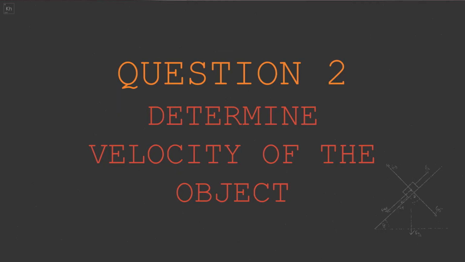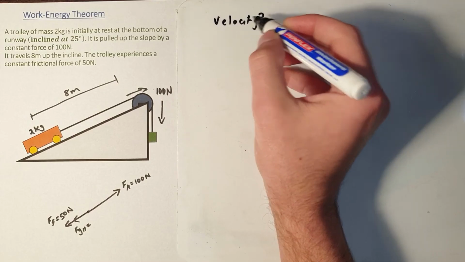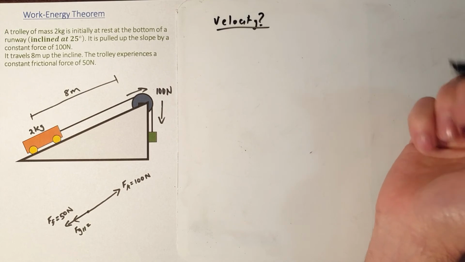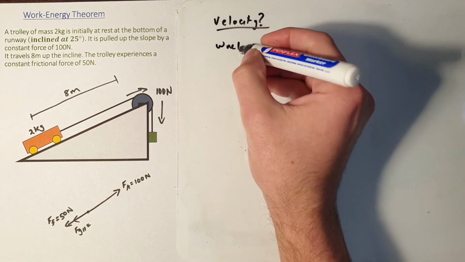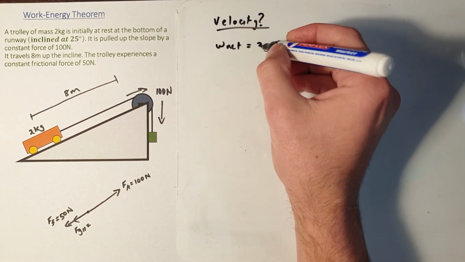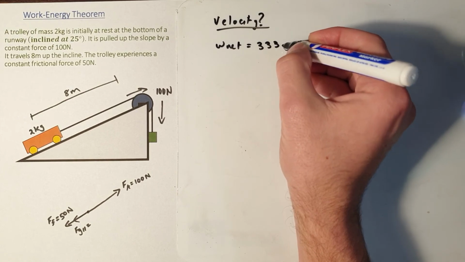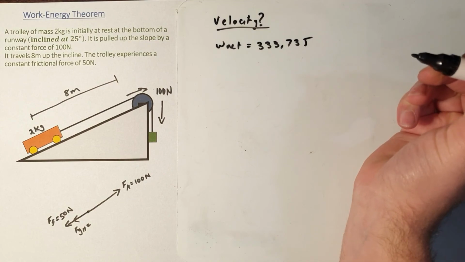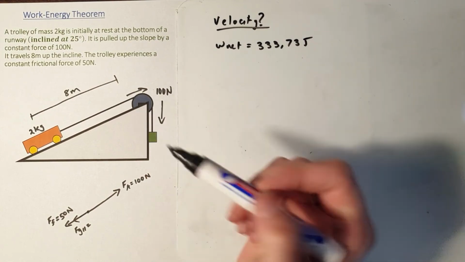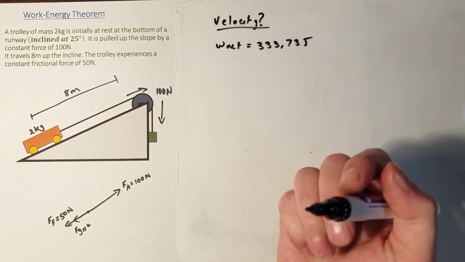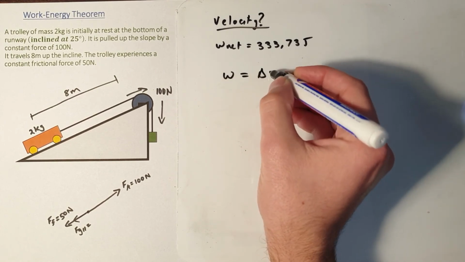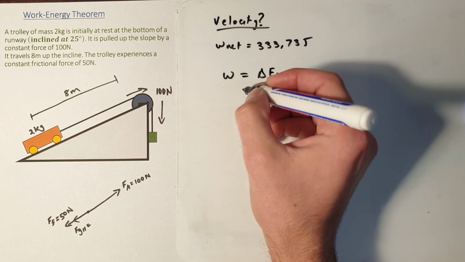And the last thing we need to do is find out what the velocity would be. So we now know that the net work done on the object was 333.73 joules. Therefore, if we want to find out what the velocity is at this point, we just need to use the work-energy theorem. And so, work is equal to the change in kinetic energy.